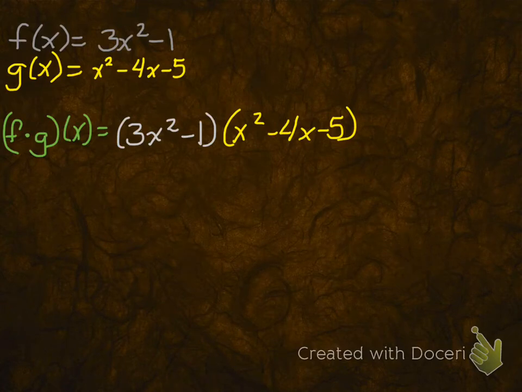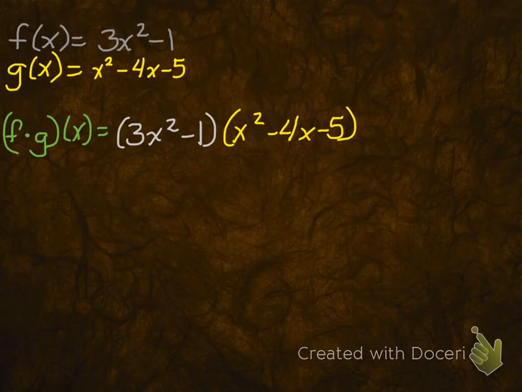Next operation we're going to work is multiplication. I changed up my functions this time. F of x is equal to 3x squared minus 1. G of x is x squared minus 4x minus 5.